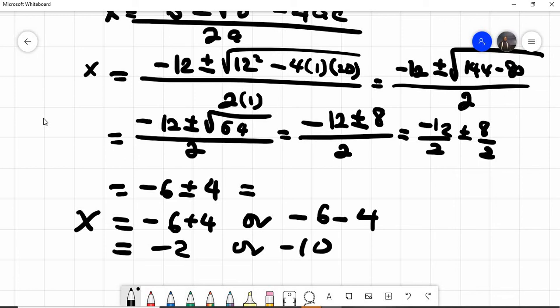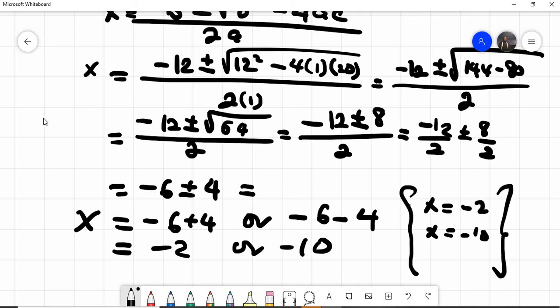So our solutions are x equals negative 2, and the second solution is x equals negative 10, which is going to be correct because when we multiply we're going to get 20, the one we started with. So it's very good. Both solutions are correct.